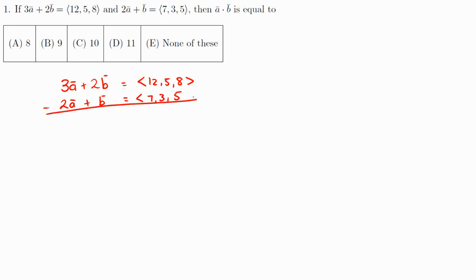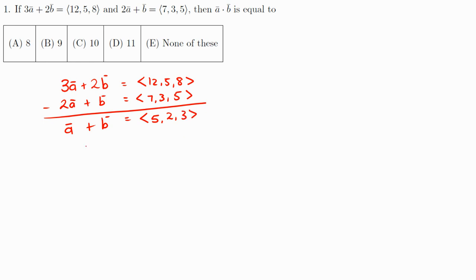I'm quickly going to subtract these two. So 3A minus 2A is just A, and then this is B. So 12 minus 7 is just 5. 5 minus 3 is 2, and then 8 minus 5 is 3.